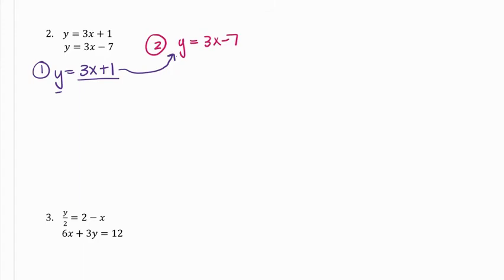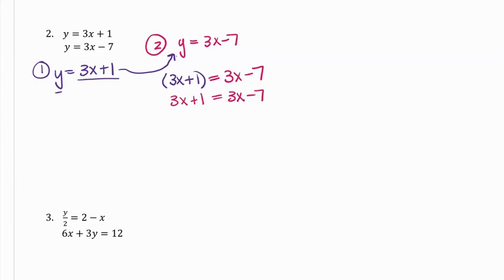Okay, so then instead of that first y, I'm going to plug in 3x plus 1 equals the rest of this equation, 3x minus 7. Right? I just replaced the y. Okay, we don't really need those parentheses this time because there's no distributing to do, right? So 3x plus 1 equals 3x minus 7.